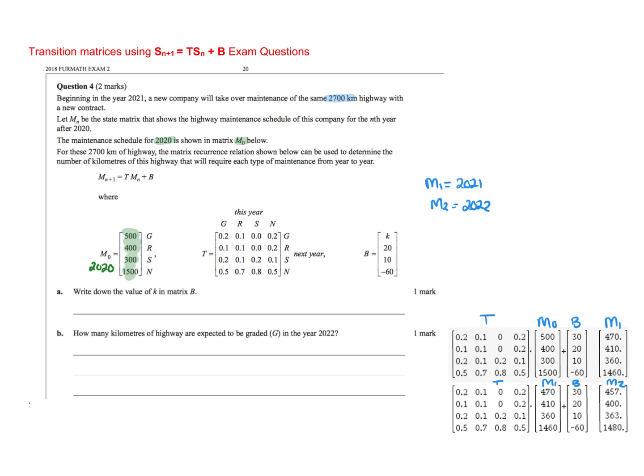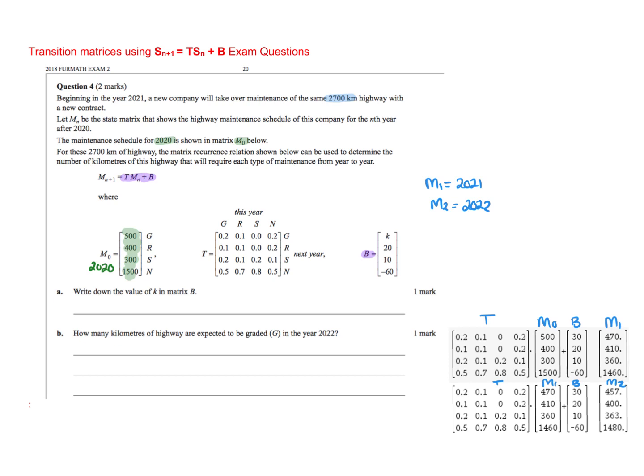You can have whatever the G, R, S and N type of maintenance. Now if you look in the formula here, they've got this extra B, and they've given it to you there. But if you're going to add a matrix on, it would change the value, wouldn't it? If we're going to add extra in, it would change the amount of road we're looking at, and we know that doesn't happen. They're only ever looking at that 2,700.